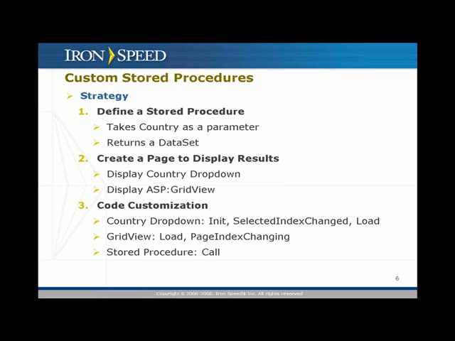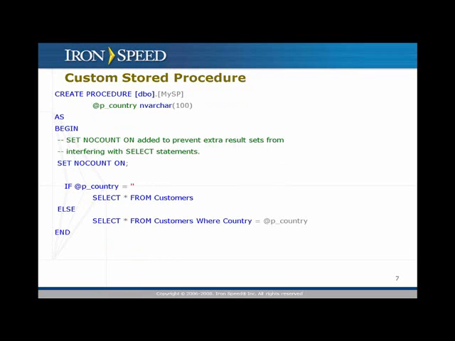Let's take a simple stored procedure that takes country as a parameter and returns the data set. What that stored procedure might look like in SQL Server is something like this. It's fairly simple. It defines a stored procedure called mySP, which takes one parameter called p_country, a maximum of 100 characters.